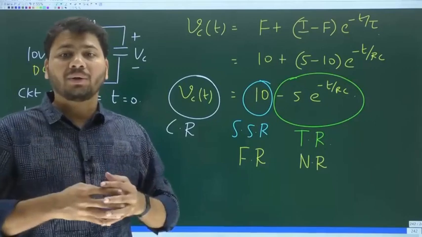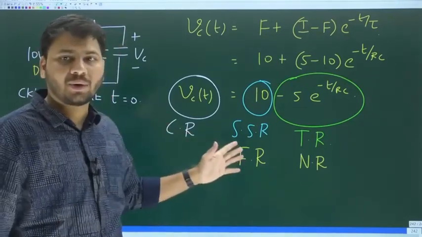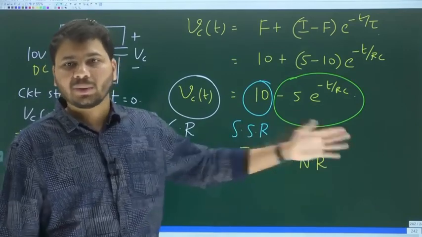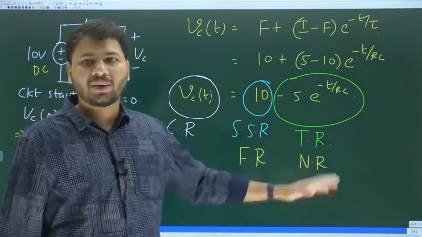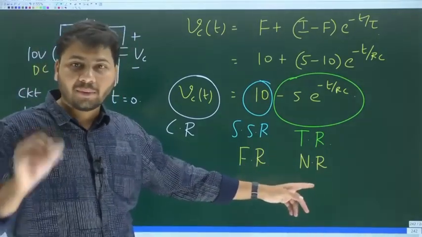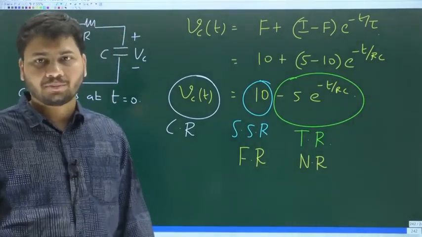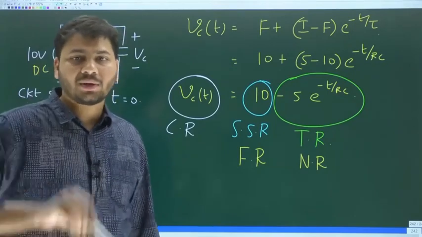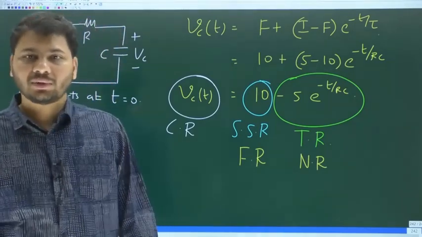We have to follow the general approach, which is: the complete response is equal to the steady state response plus the transient response, or the forced response plus the natural response. And to write down the form of the natural response, you should know the poles of the system. And to find the poles of the system, you should form the characteristic equation of the system.